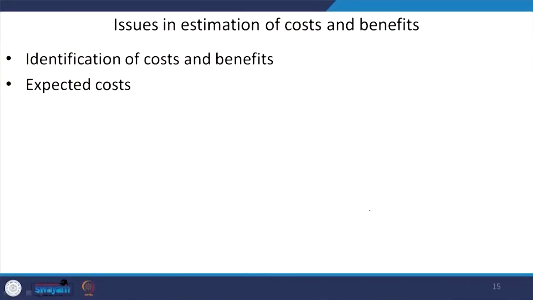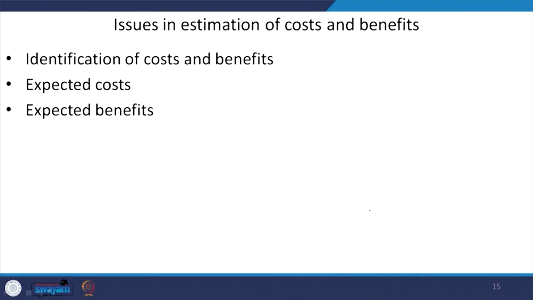And the second factor is the expected costs. Here we are saying that all the costs are to be converted into monetary units, and if the costs are spread over a period of time, for 10 years let us say, you are sure about the present year or first year costs, but when you say these are for the implementation of a particular policy for the second year or third year, this is the likely cost.